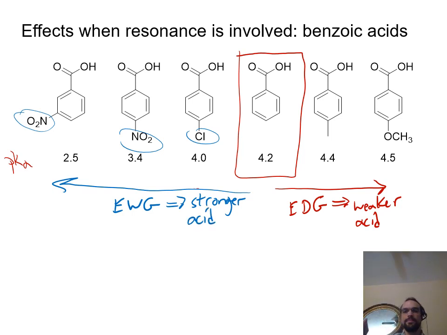Now there are probably two questions you might be asking. First of all, didn't we just refer to the methoxy group as an electron withdrawing group just a little bit ago? And the fact is we did. But here's a case now where resonance is involved because of the ring.